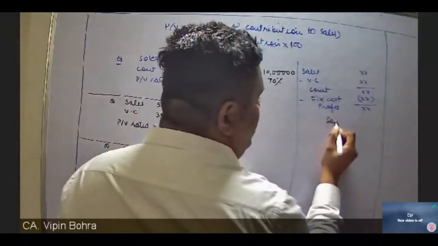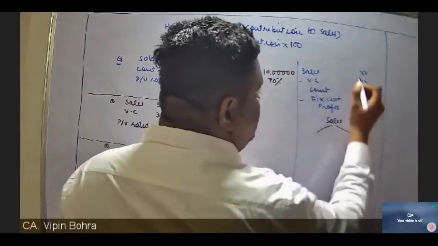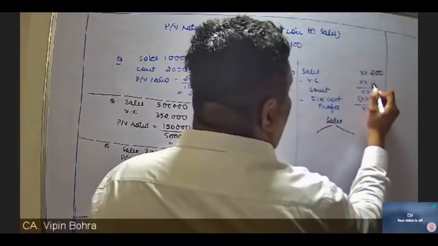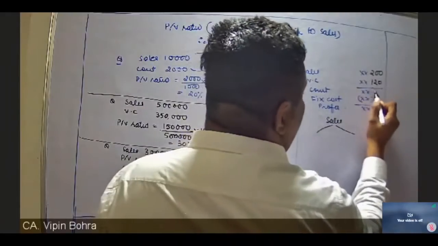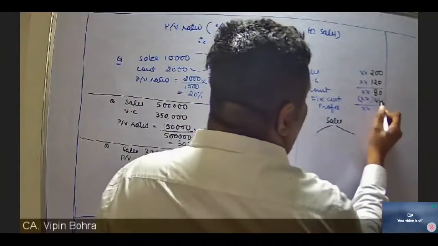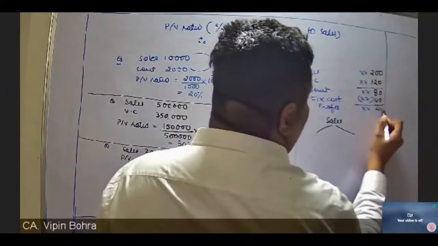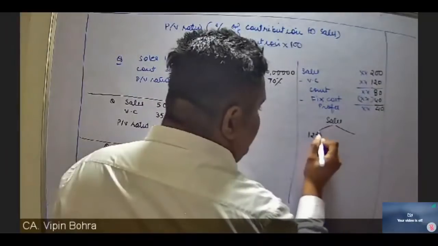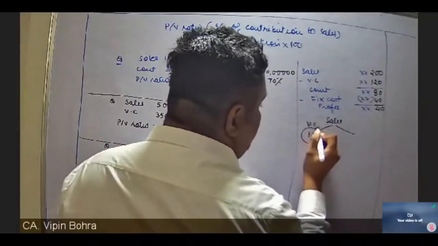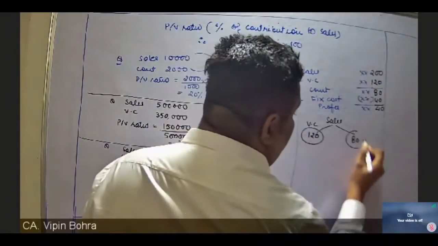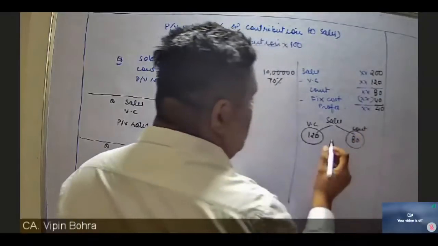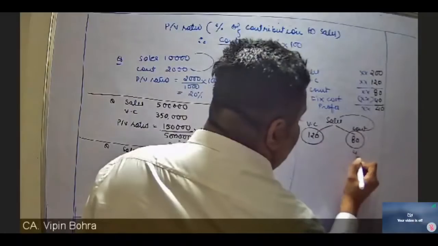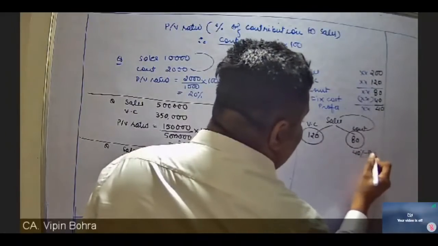I have made two parts of sales. Suppose in the previous question it was 200 was my sales, 120 was my variable cost, 80 was my contribution, 40 was my fixed cost and 40 was my profit. So I have made two distributions of sales, where first one is variable cost 120 and 80 was my contribution. Now my percentage of contribution to sales, we call it as PV ratio, is 40%.